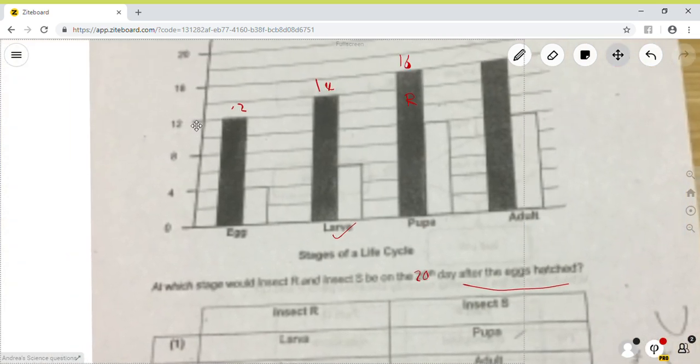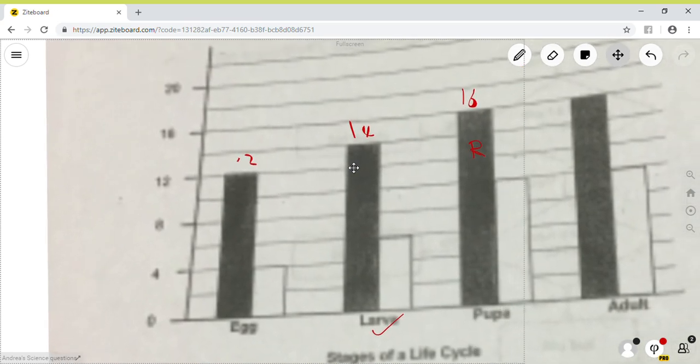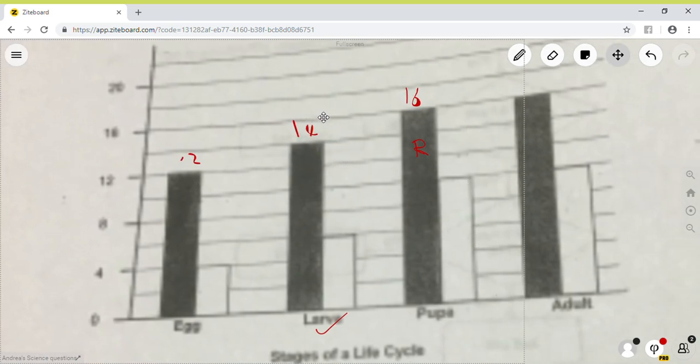It takes 12 days for the egg to hatch. Then you start counting 20 from here, not from there. You start from the larva. So larva will be 14 days, and the 20th day will be here. It's on the other side.